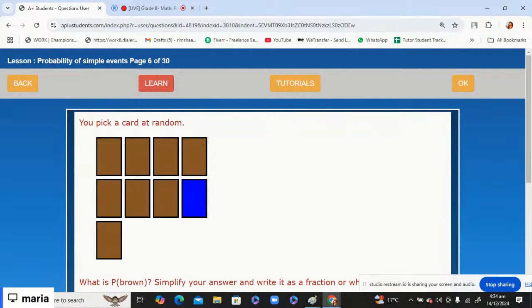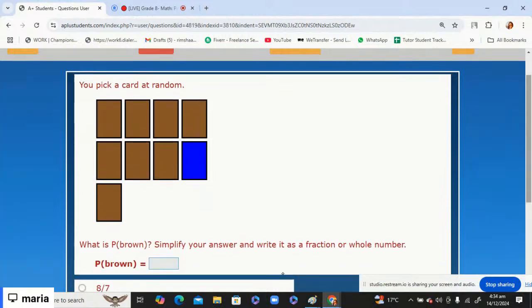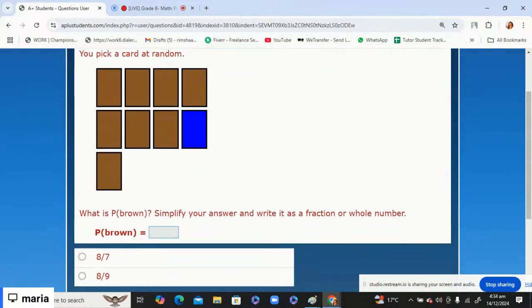Okay. Look at this question. You pick a card at random. These are the brown and the blue ones. What is the probability of the brown? Simplify your answer and write it as a fraction or as a whole number.